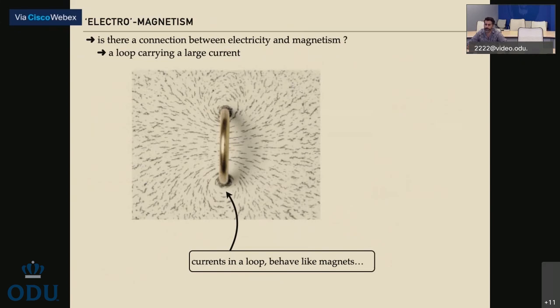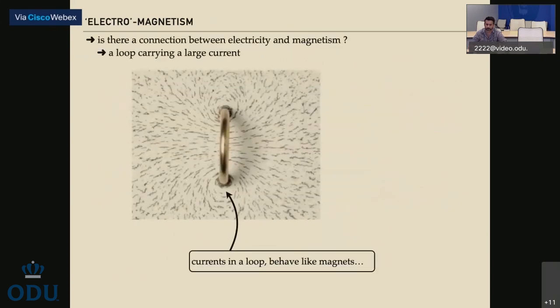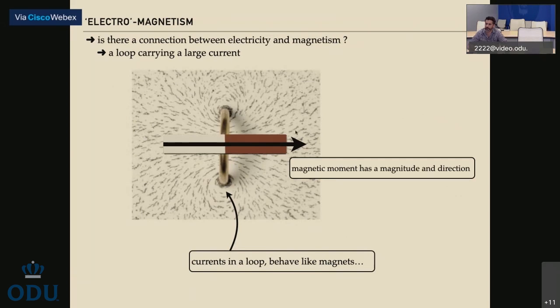You can see this in the fact that if I have a loop of wire and I drive a current through it, and I put iron filings nearby, you see that the iron filings start to arrange themselves in a similar picture as over here. What you can deduce from this picture is that the current-carrying loop acts effectively like a bar magnet.